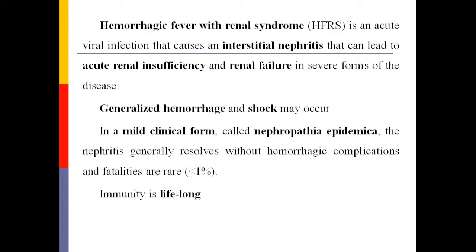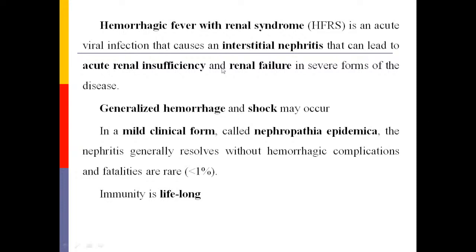It is called hemorrhagic fever because it's characterized by multiple hemorrhages. In a mild clinical form, called nephropathia epidemica, the nephritis generally resolves without hemorrhagic complications, and fatalities are rare, less than 1% of cases. Immunity is lifelong after disease.